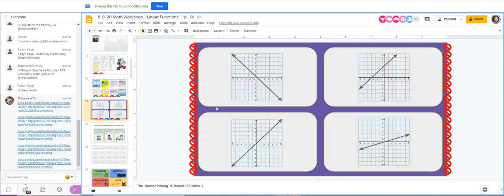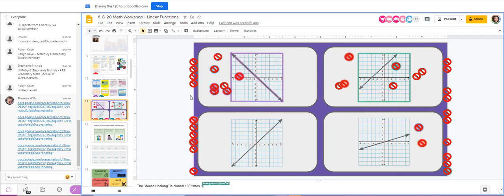And I invite you on slide 11 to move a "doesn't belong" symbol to whichever graph you think doesn't belong. And if we run out of symbols, you can simply copy and paste one, especially if you're thinking of 2 different ones that don't belong.